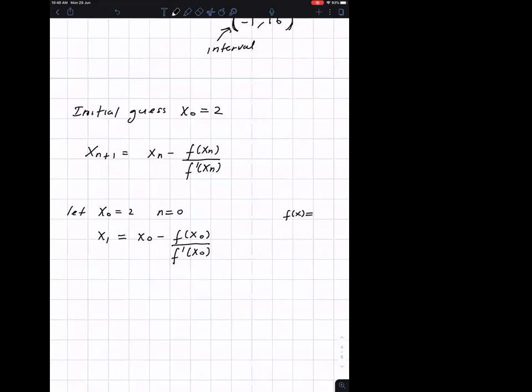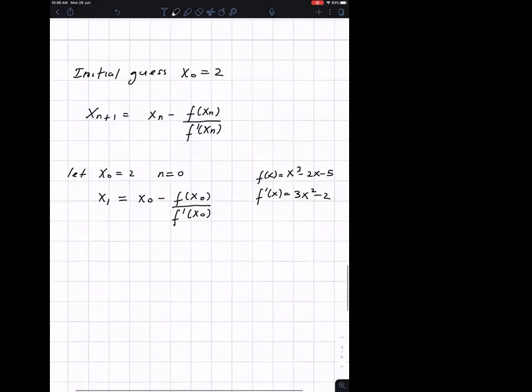You already know what f(x) is, from earlier. f prime(x) is 3x squared minus 2. So x1 is going to be x0 minus f(x0) over f prime(x0).